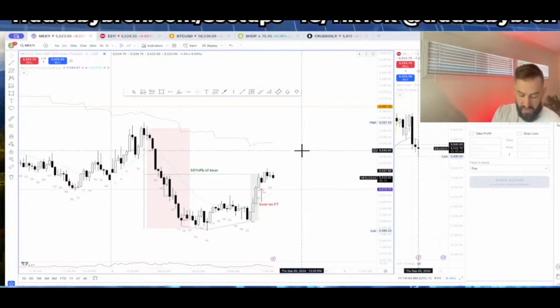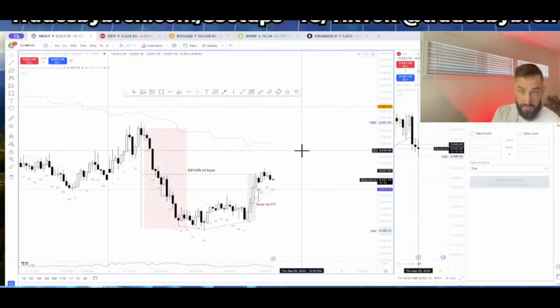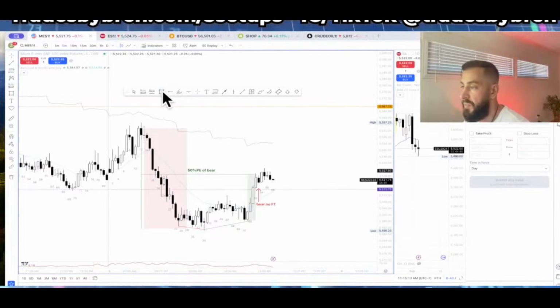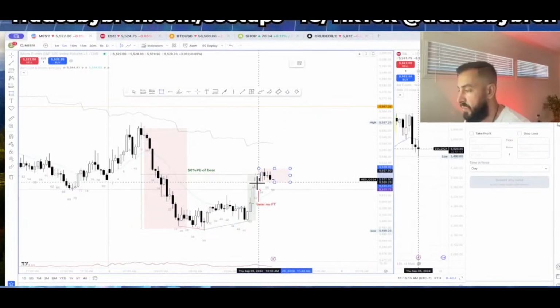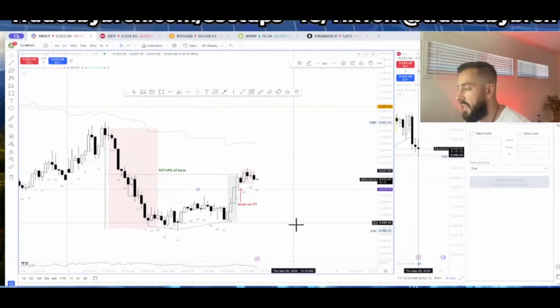12 seconds on the candle close. Let's check my levels here. Trading range price up. All right, good. All right, so bears starting to get some selling pressure.